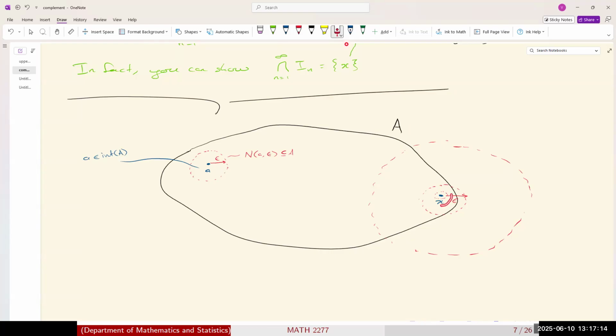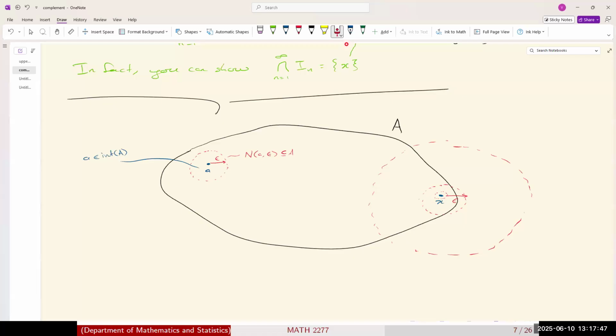So every neighborhood contains x, and x is an element of A. Therefore, every neighborhood will contain an element of the set A. But the added restriction, the reason why we are using deleted neighborhoods, is that we do not want you to say, just choose x. We are looking for another point of A, and there are so many. Look how many points of A are in here.